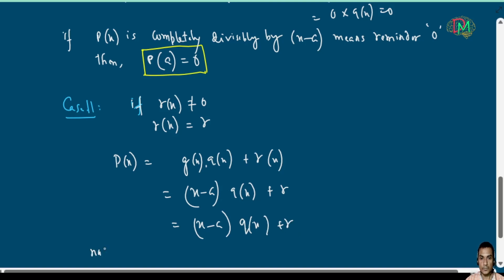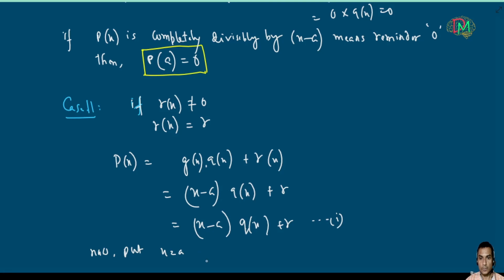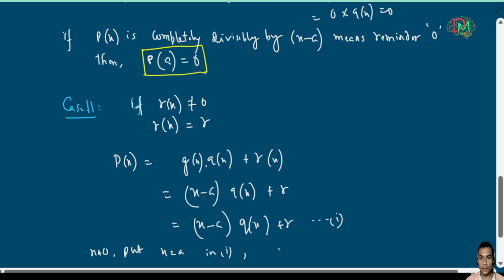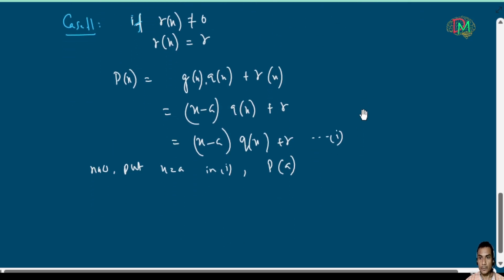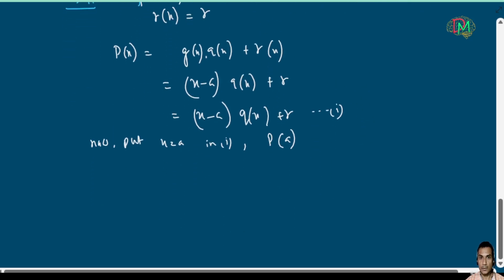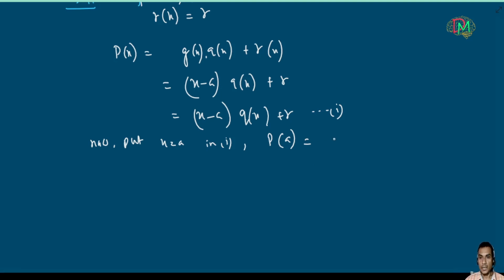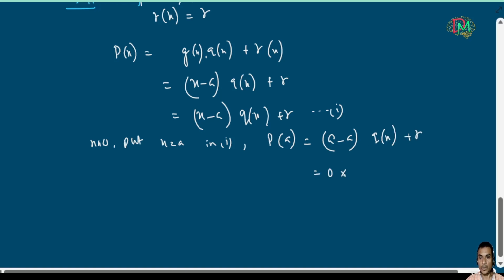Now put x is equal to a in 1, so what will we get? P(a) is equal to, replace x with a, (a minus a) Q(x) plus r. Again it is 0 into Q(x) plus r, so we get r because this value is 0.